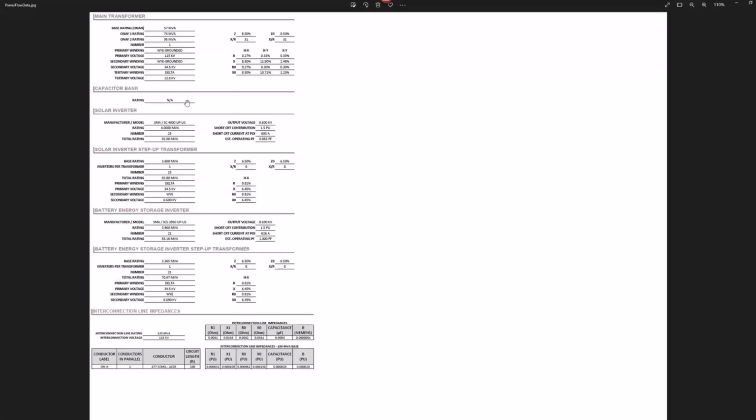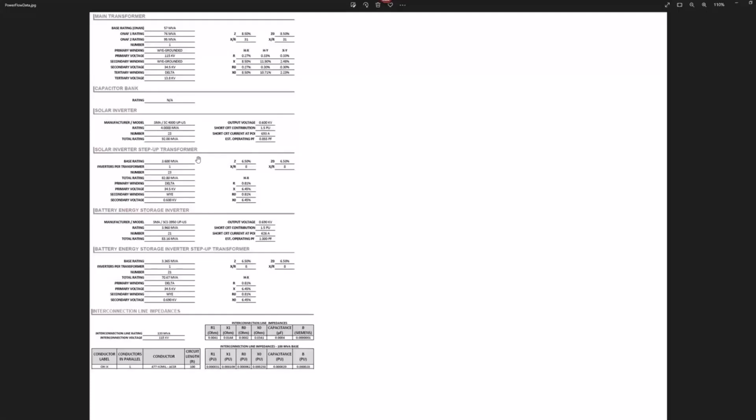And in some cases you may have a high order harmonic, or not even high order, maybe 8th order or 9th order, or maybe 11th order harmonic current injection, harmonic current distortion into the system, which is going to be a violation as well, right? So we don't have a capacitor here, which is good. Solar inverter, we use the SMA SC4000.